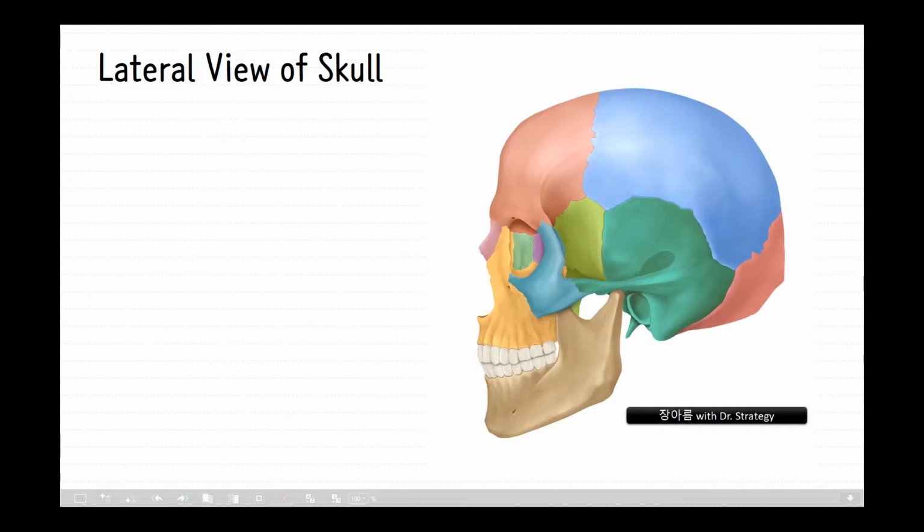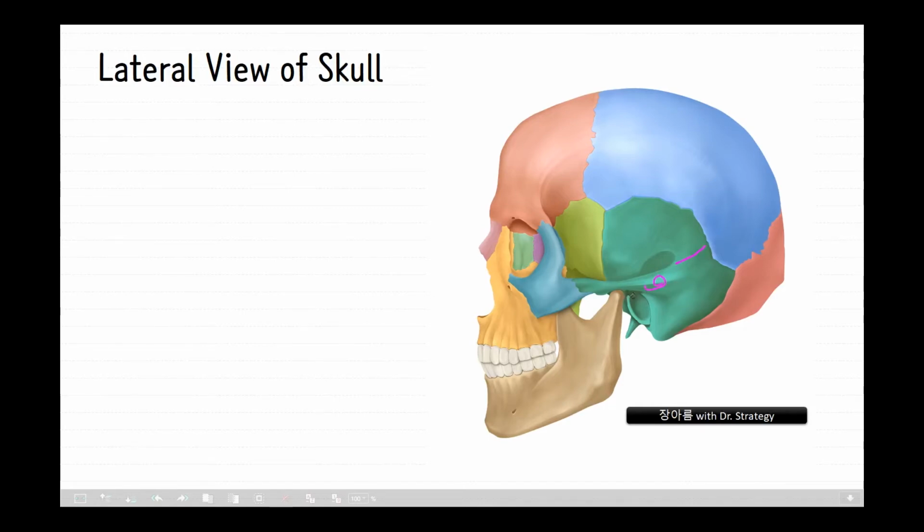The first structure I will talk about is the temporal line. There are two nearly parallel ridges or lines on each side of the skull with the name of the temporal line. These lines begin as a single ridge on the temporal bone around here, and run upward and backward from the zygomatic process.